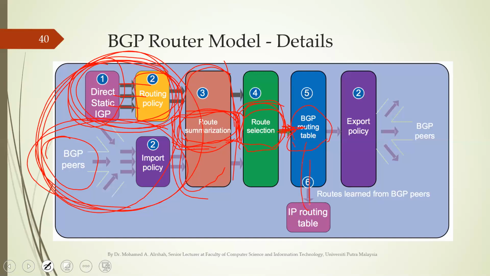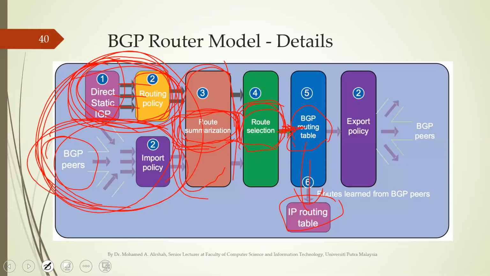If we have an existing routing table and new information comes, this box will update it. Or if it is the first time, the first information will come from static and also be learned from BGP, then be inserted inside the routing table.